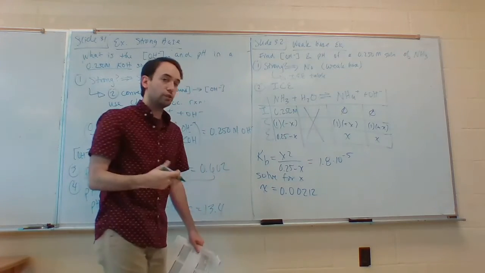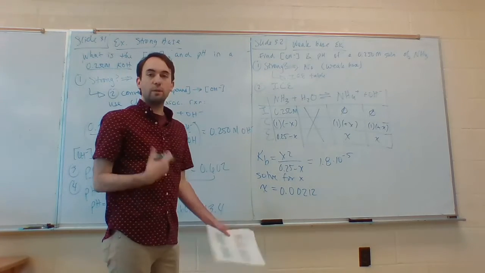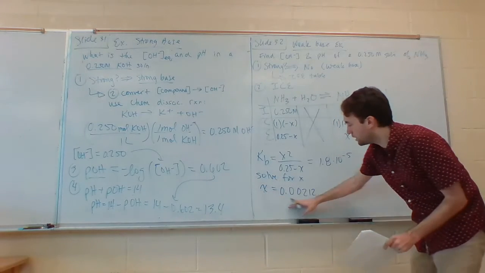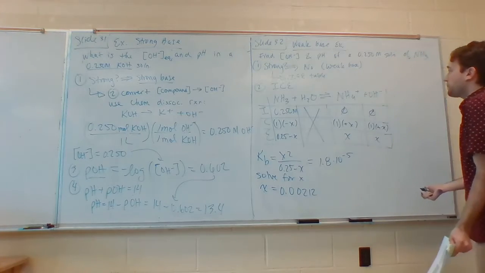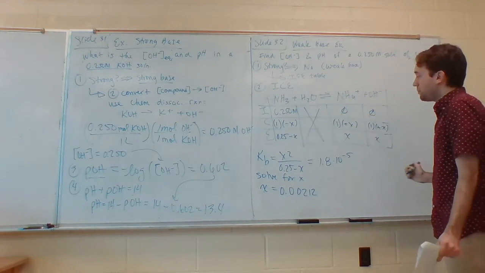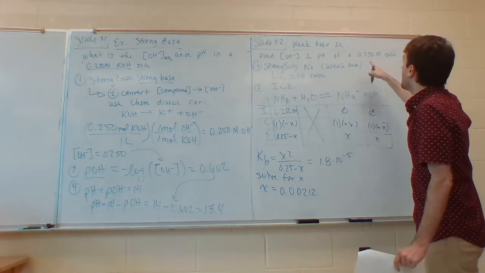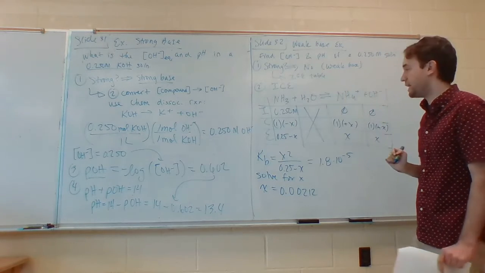And when you're solving for X, you could do your 5% rule or your quadratic, right? I'm just skipping those steps because I want to save some time, and you already know how to do that. Okay, so we'd solve for X.